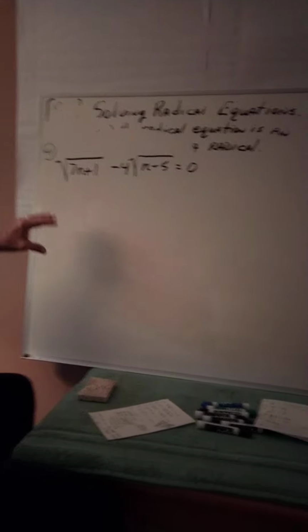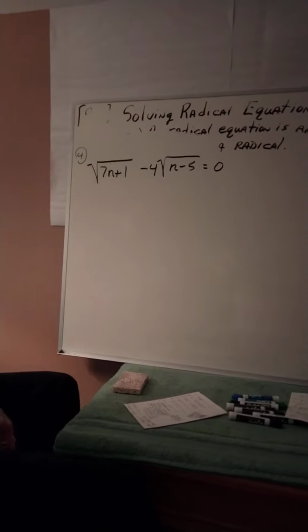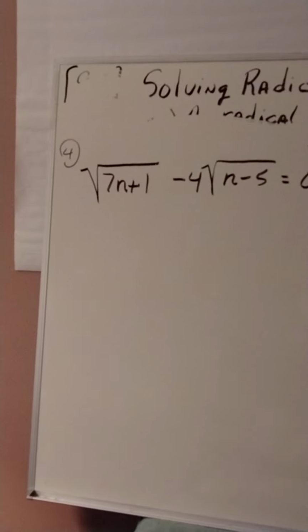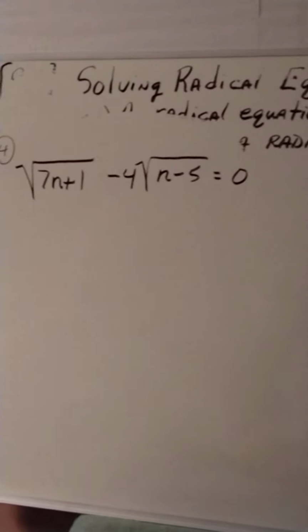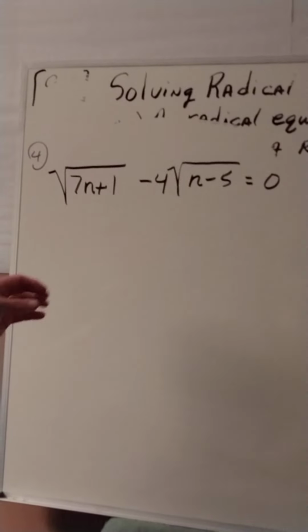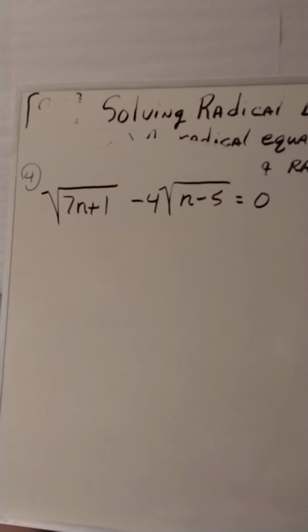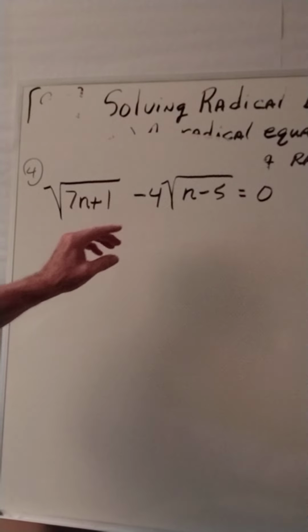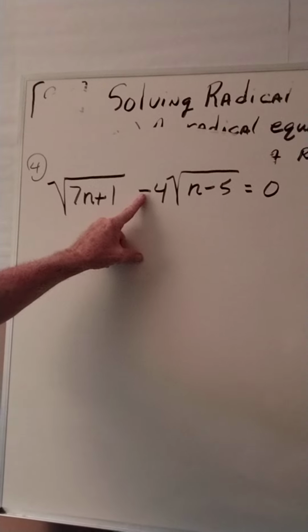We've done a few of these. So let's take a look at number 4. We isolate the radical as best we can, and we realize that we can have no more than one radical on a given side. So one of those radical terms has to be moved. I believe the easier one to move would be the one preceded by this negative sign.